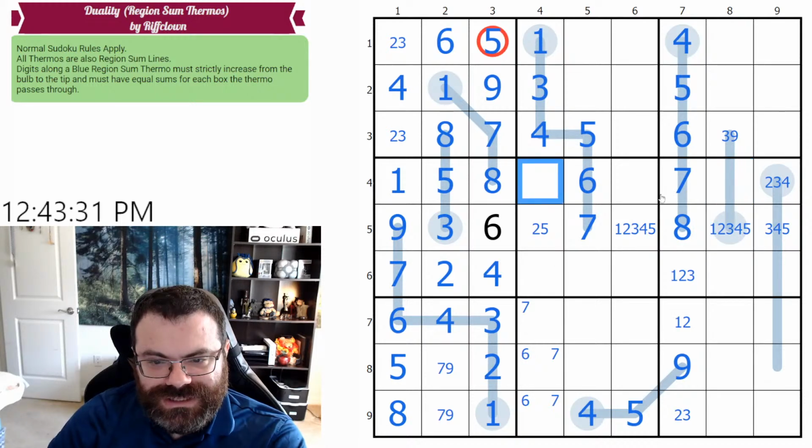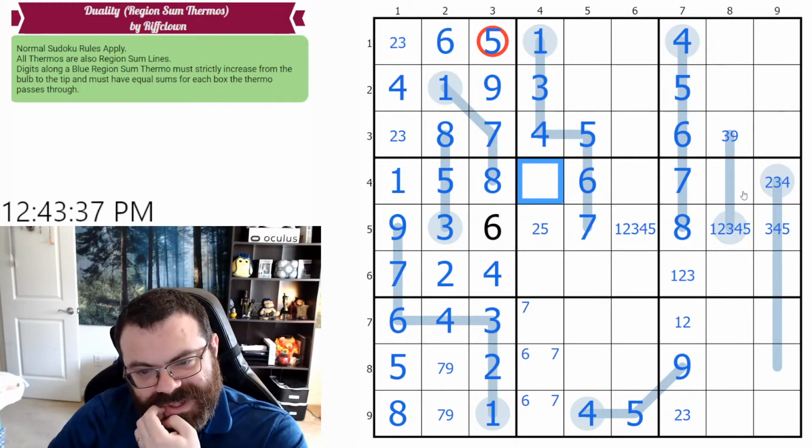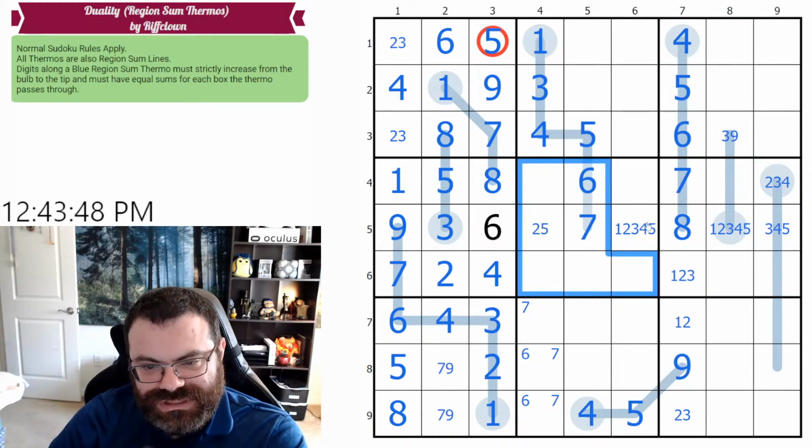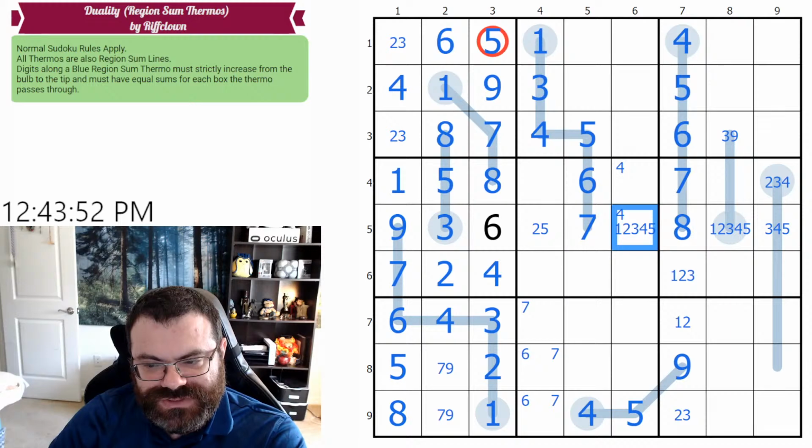All right, let's figure this out. I think this row is going to be, because the 3, 4 looks down, and this row needs a 3, 4. In fact, 4 is one of these. This is not a 3. None of these are 3s.